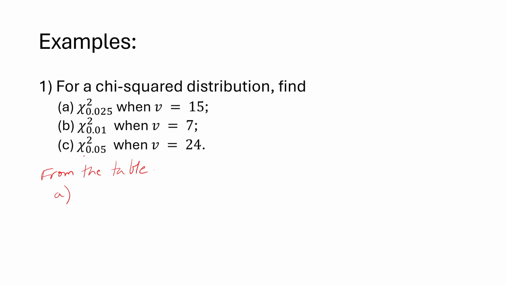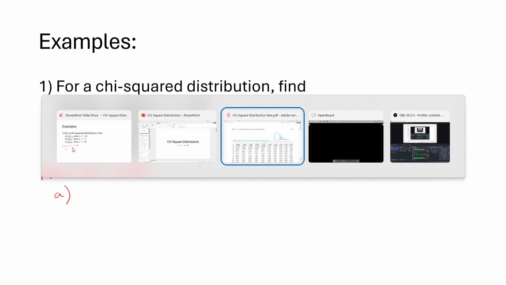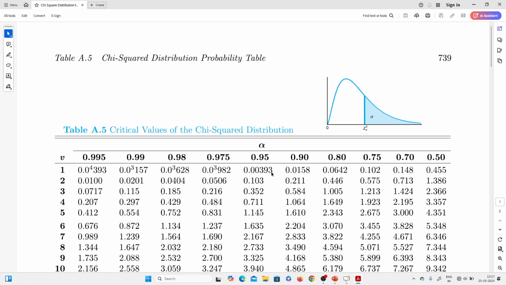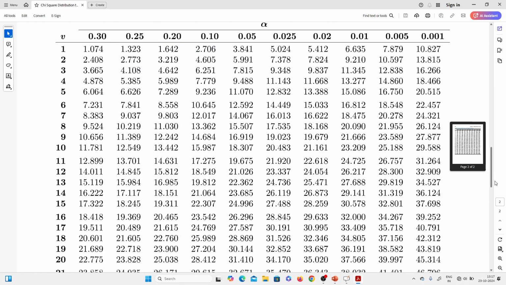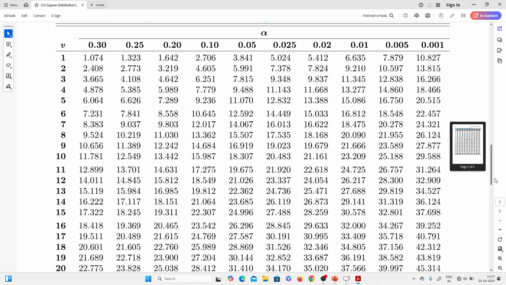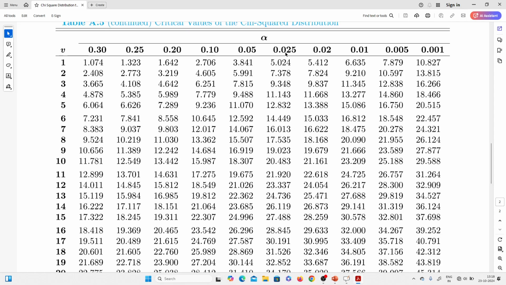So 0.025, this is area to the right is 2.5%.